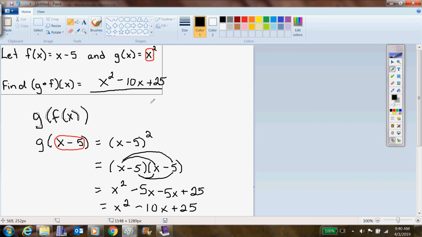Now, this particular thing is good when they ask you to do it, but it's also good if you're going to do several different problems, like you're trying to find g of f of x of 2 and g of f of x of 10 and g of f of x of negative 5.